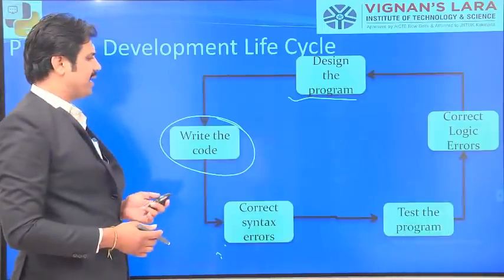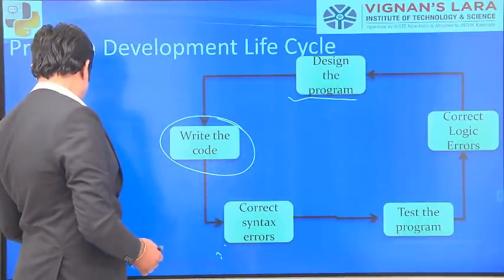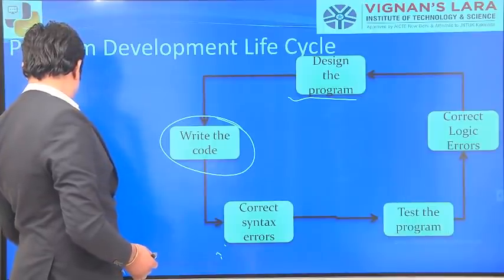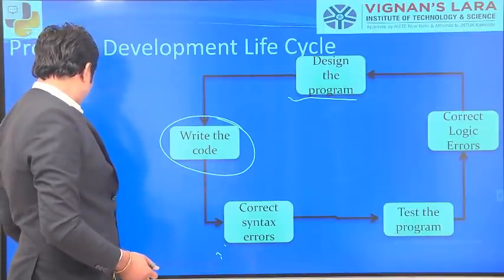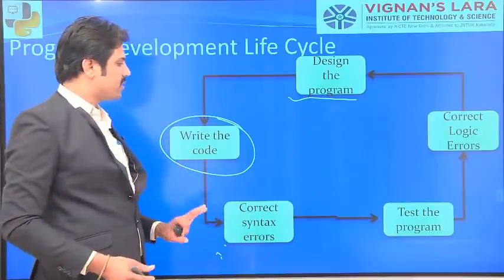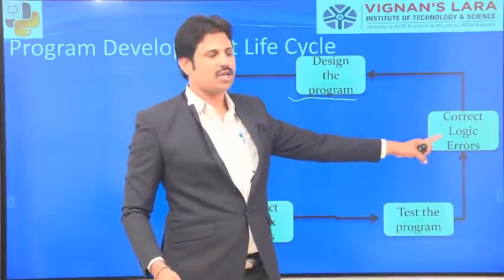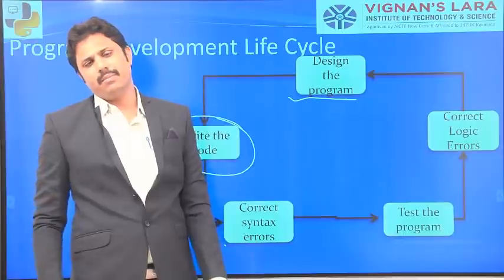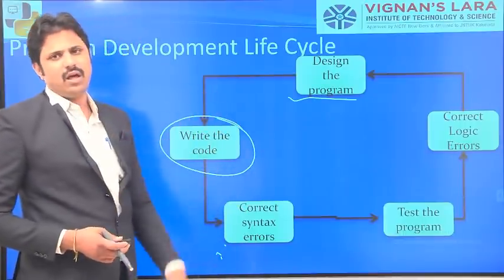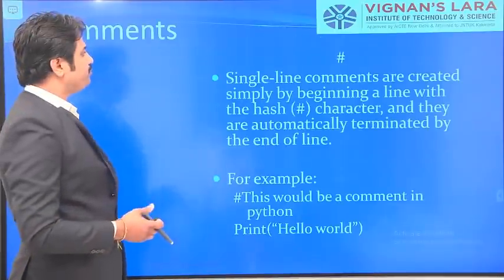If you go with a particular language, you have to correct the syntax errors. Next, test the program, and finally correct the logical errors, and again implement your design. So this is the program development life cycle for any programming language.